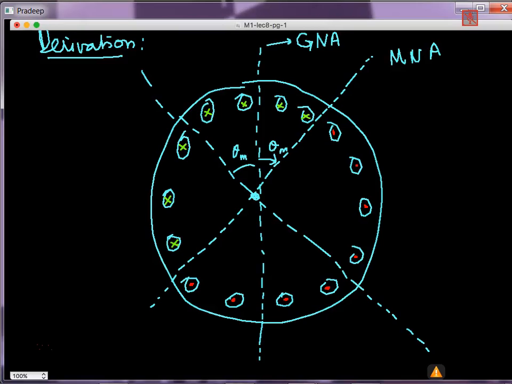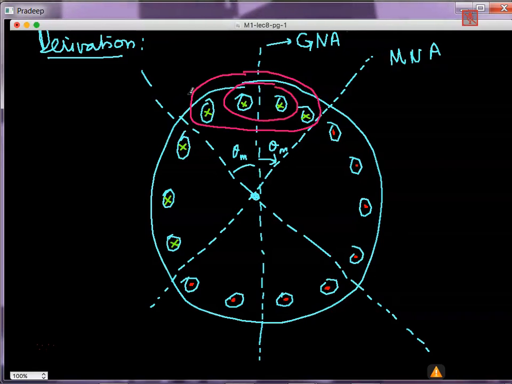Now the field due to all of this will be something like this. I am only interested in the field because of the conductors under this angle 2 theta. So what is the direction of this field? If you apply the corkscrew rule, you can get the direction of the field like this.